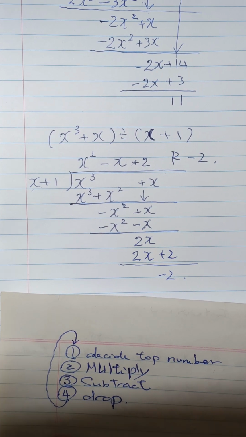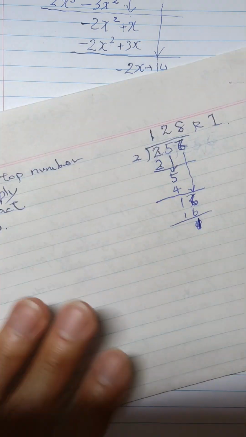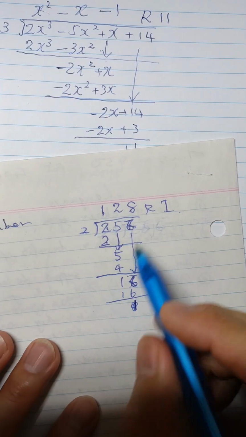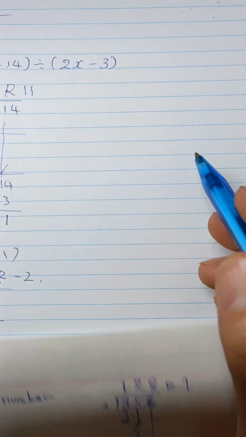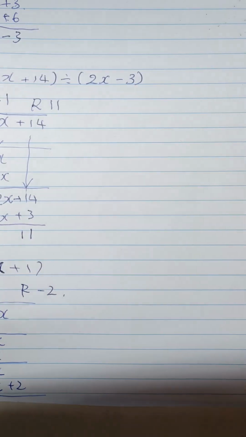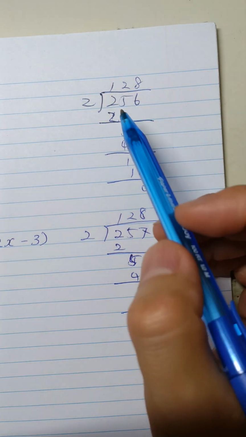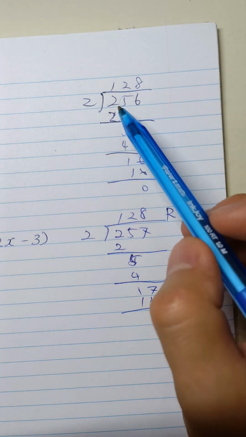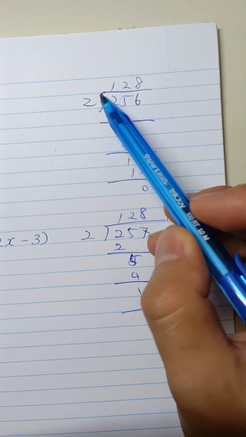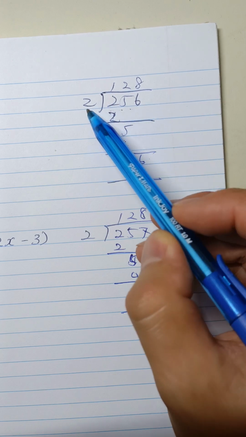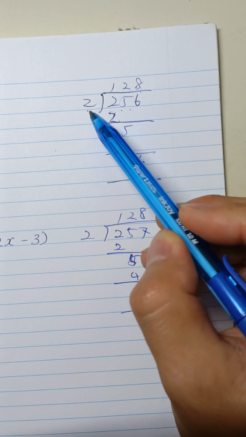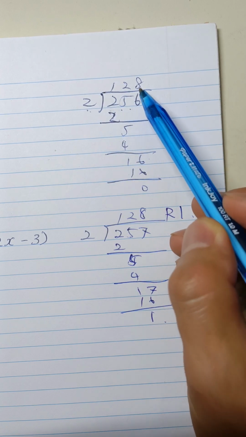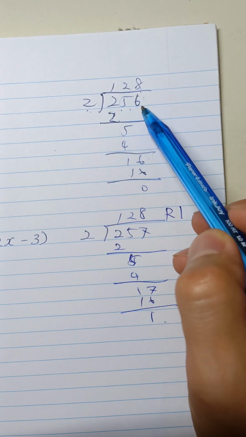Then what I want to mention in the end is this one. So for example, I will look at these two numbers I used just before. Right, I want you to look at this one, okay? This means this divided by 2 is this number. But in another way, 2 times by 128 becomes 256, isn't it?